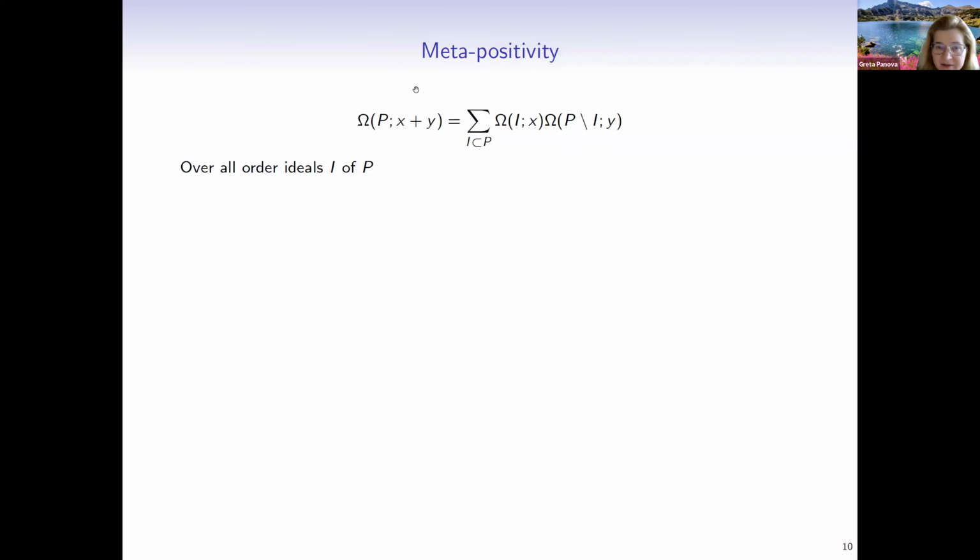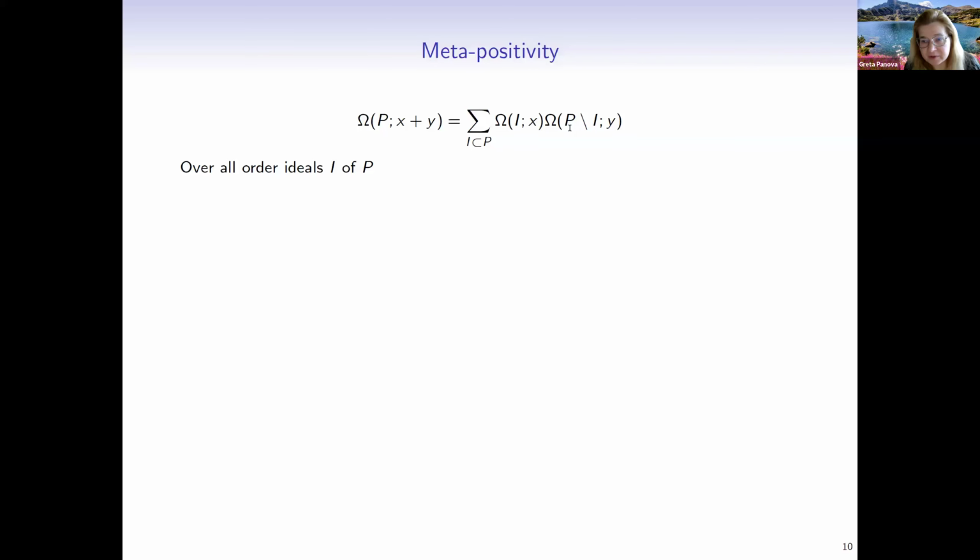Then, as a function of these two positive integers, how do you evaluate the order polynomial? Well, you break the poset into the elements which are going to be less than or equal to x. This is going to give you an ideal I. And then the remaining elements of the poset are going to have values going from x plus 1 to x plus y.